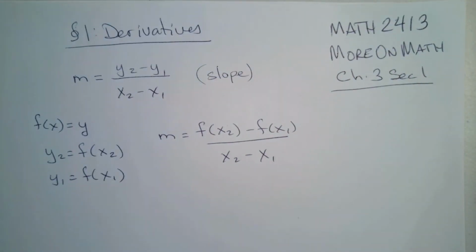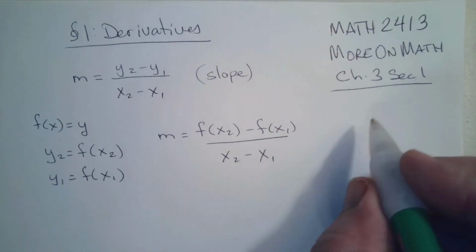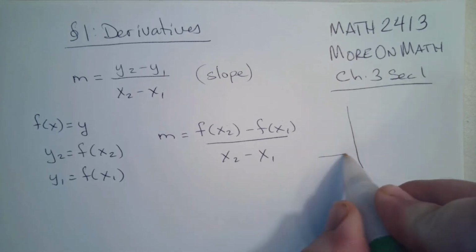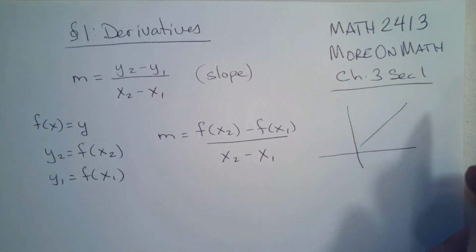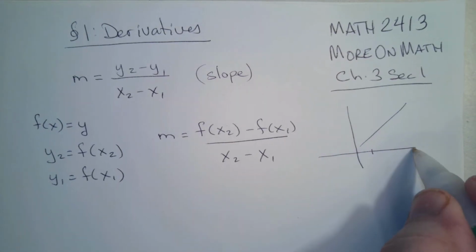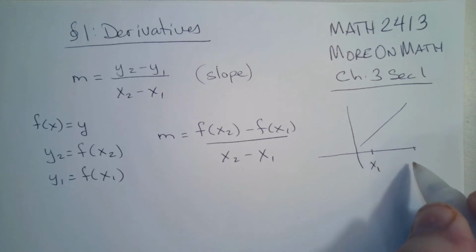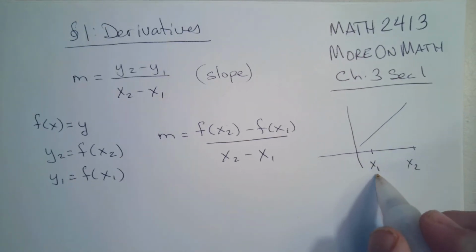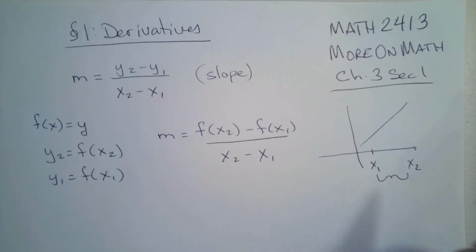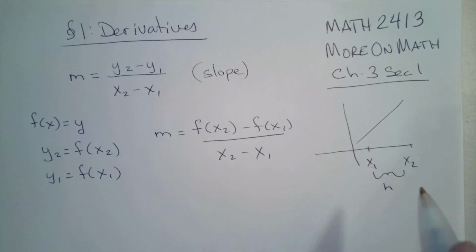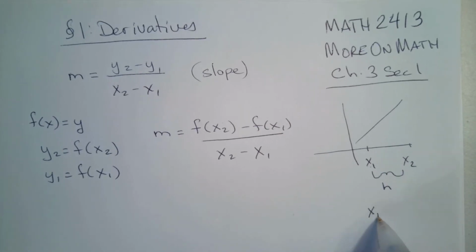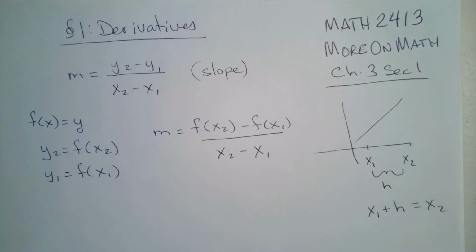All right. Also in algebra, we determined that for any given curve or line or function, here's x1, here's x2, the distance between those two, we call it h. So to get from x1 to x2, x1 plus some value h will get us to x2.